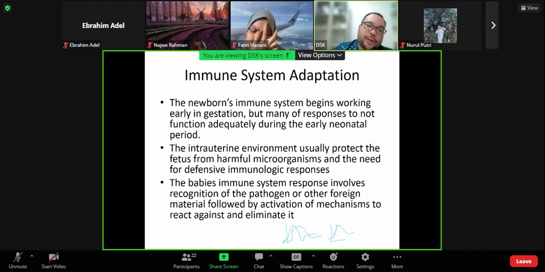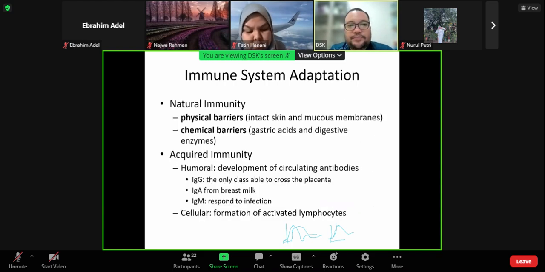So if you want to protect your baby, breastfeed. Studies have shown that when the baby is unwell, the mother's breast milk automatically will have higher IgA and higher white cells to protect the baby. So that's how the baby gets immune protection.